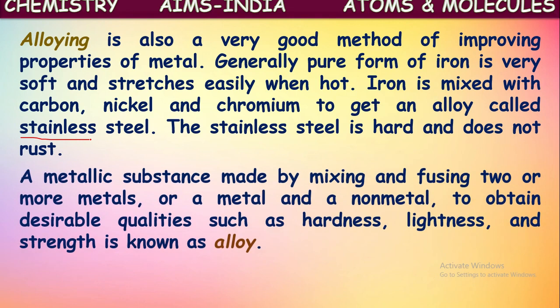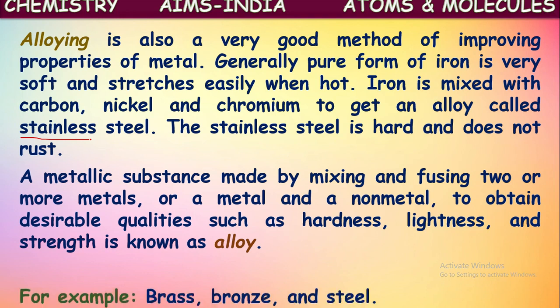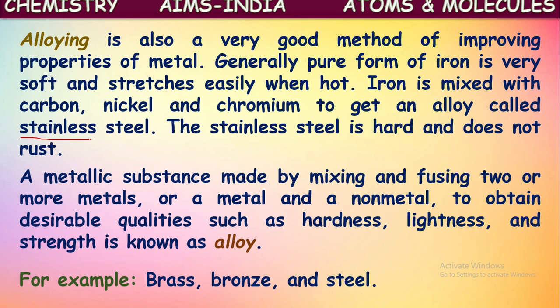A metallic substance made by mixing and fusing two or more metals, or a metal with a non-metal, to obtain desirable qualities such as hardness, lightness, and strength is known as an alloy. We can see some examples of alloys here: brass, bronze, steel. These are all alloys made from different metals.